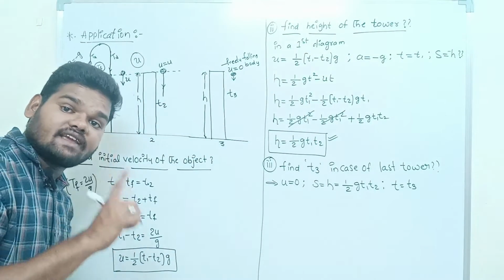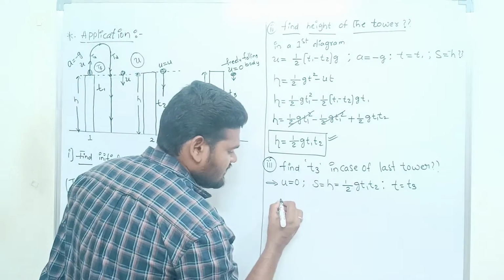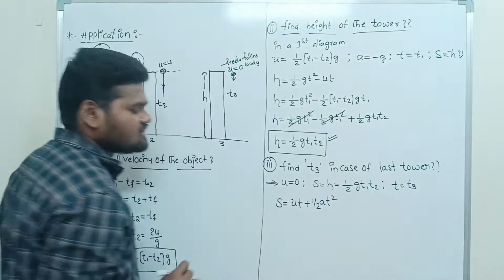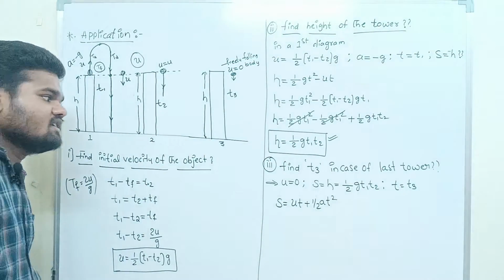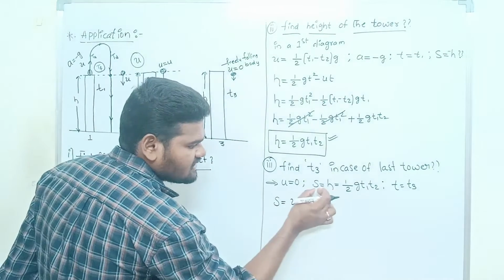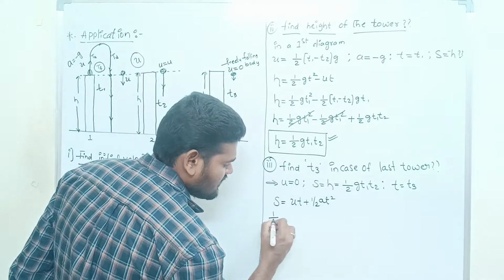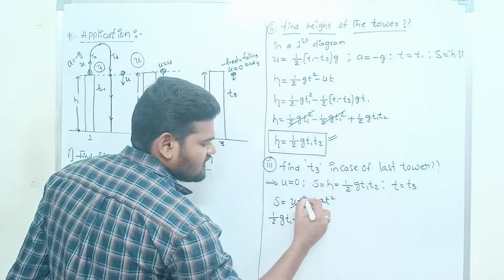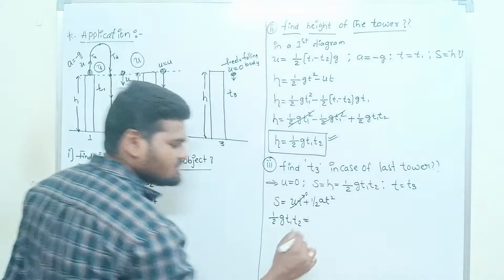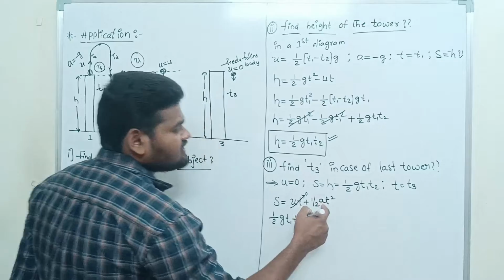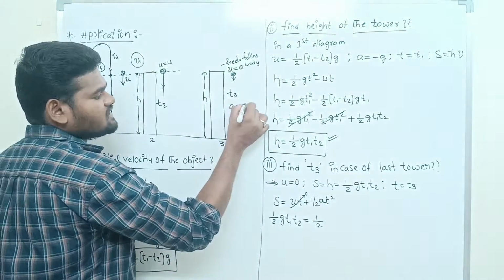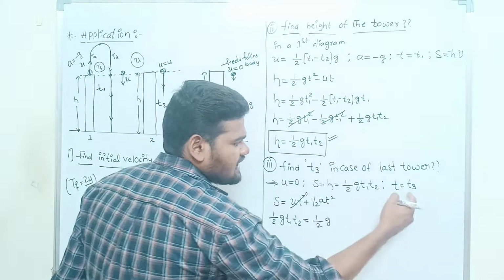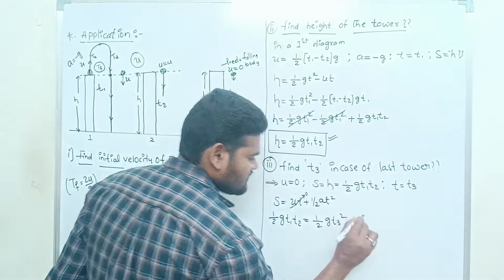I'm using the second equation of motion, s is equal to ut plus half at square. Substituting these values: s is equal to h is equal to half g T1 T2. Initial velocity of the object is 0, so 0 into something is 0. Half acceleration due to gravity, since this object is moving towards the ground, a is equal to plus g, into t square, and the time is T3 square.